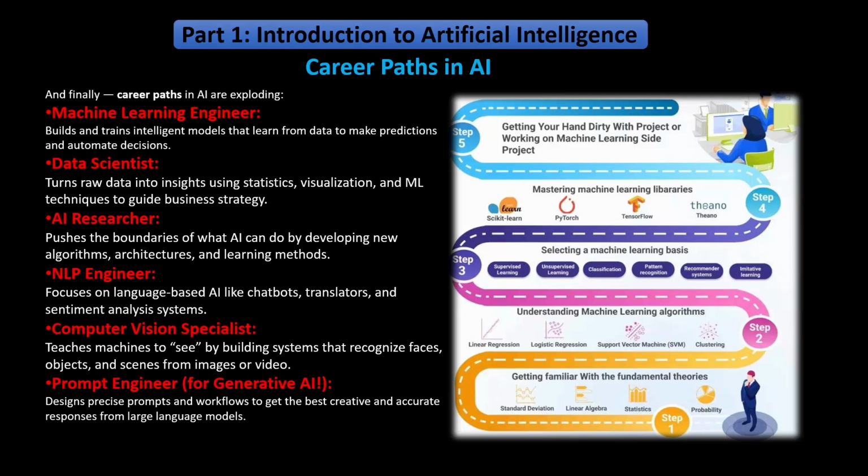A data scientist basically turns raw data into insights using statistics, visualizations, and ML techniques to guide business strategy. So you cannot consider a data scientist a machine learning engineer. A data scientist just extracts information from datasets through techniques like statistics, visualization, and ML techniques to streamline business strategy.